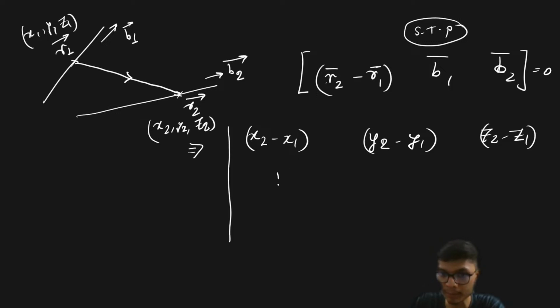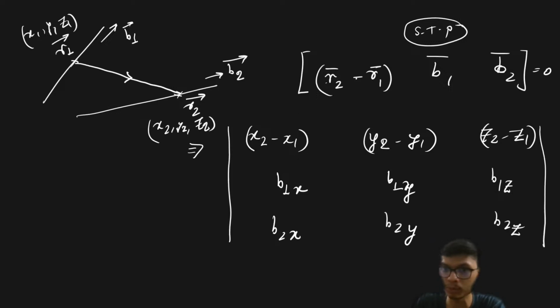The next row is b1x, b1y, b1z, and the last is b2x, b2y, b2z. These are the components of the b1 vector and b2 vector along x, y, and z. We simply need to equate this determinant to 0.